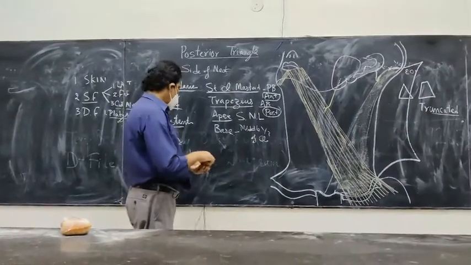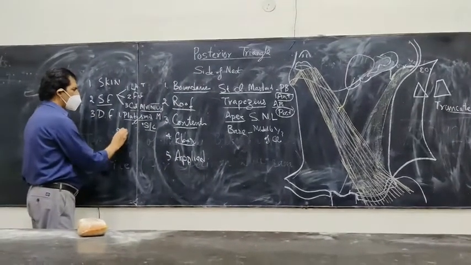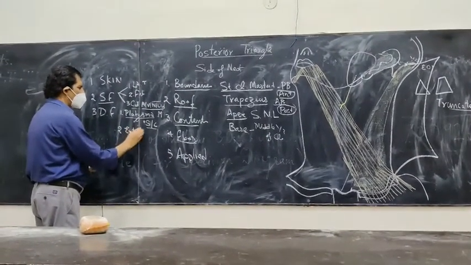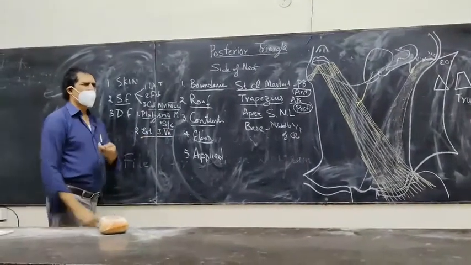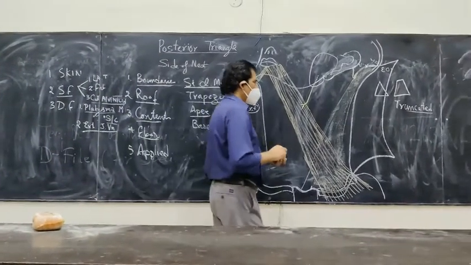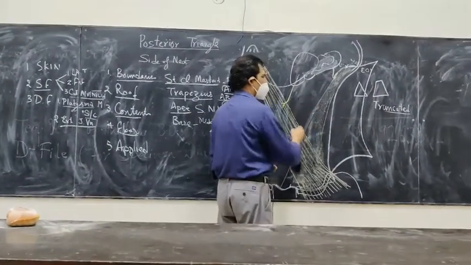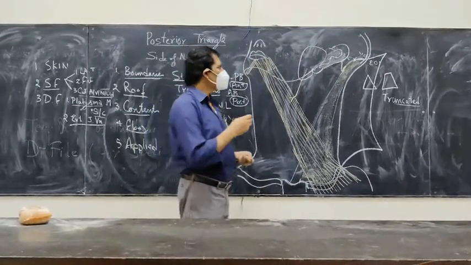Besides the platysma muscle and the superficial fascia, the second thing we see here is the external jugular vein. First of all, its formation.